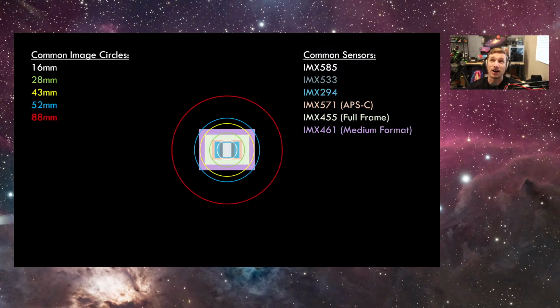That has a monster 88 millimeter image circle. That was designed back in the day to handle medium format film, when you had these big hunkin' bodies and these big film frames that you had to shoot with.